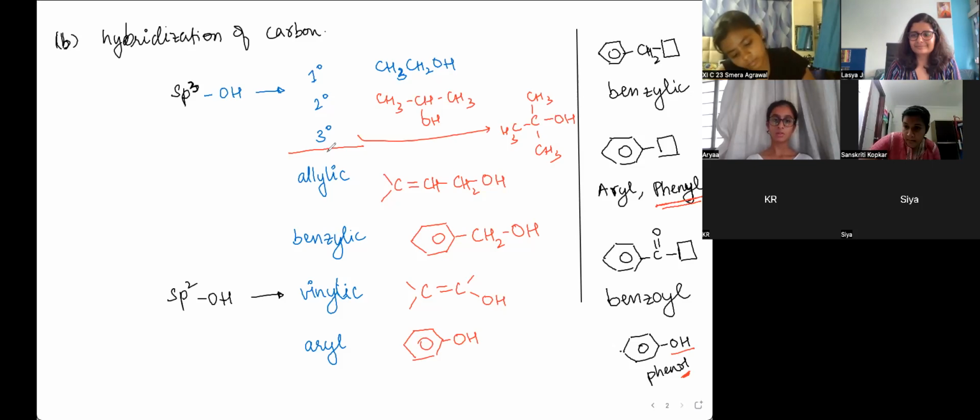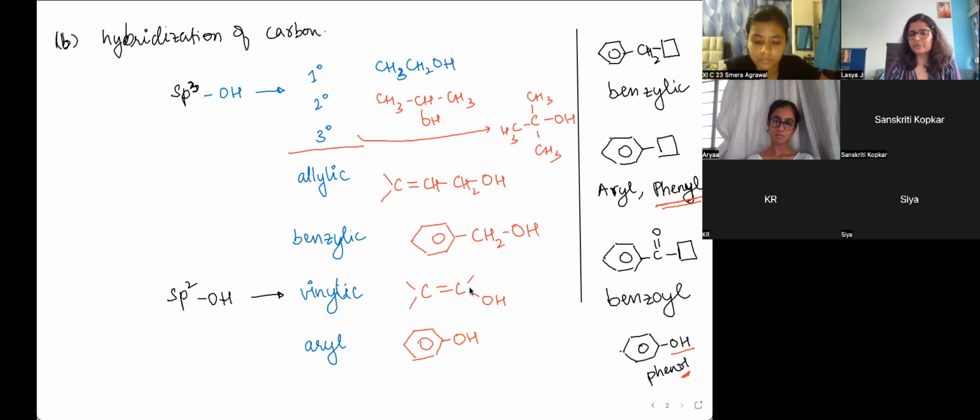If it is directly connected to sp2, it's vinylic. On top of vinylic, you can classify it as a primary vinylic or a secondary vinylic, if you have information whether there is hydrogen or more carbons attached.